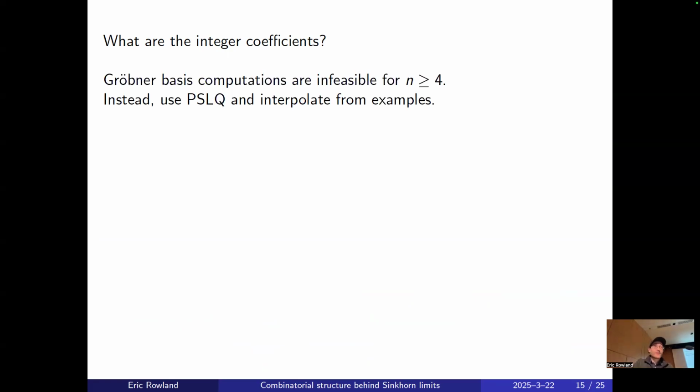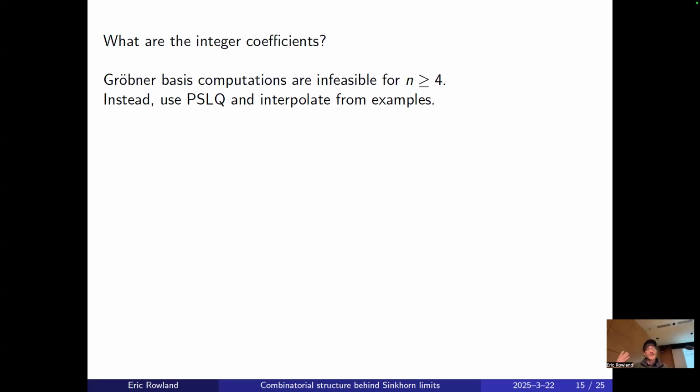So we tried to run the Gröbner basis computation for 4x4 matrices, and we let it run for a week or two, and it didn't finish, and so we gave up on that. So the Gröbner basis computation doesn't seem to be feasible for 4x4 matrices or larger. So instead, we went back to PSLQ and tried to interpolate the full polynomial, a degree 20 polynomial for 4x4 matrices, from numeric examples instead.